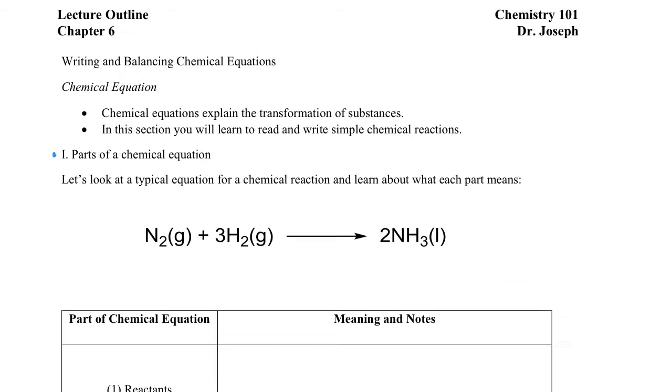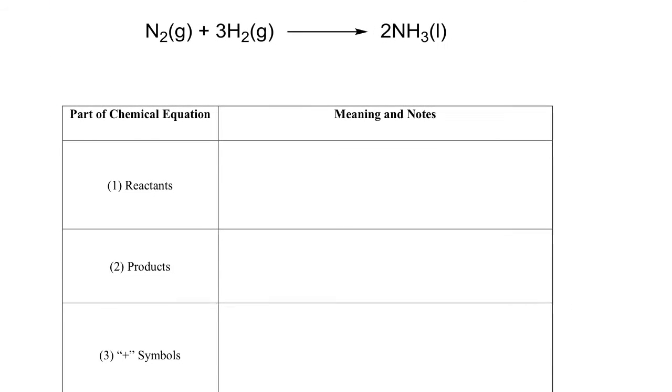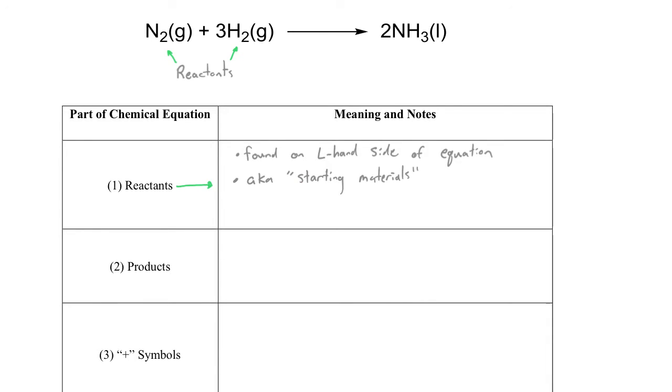So first, let's look at the different parts of chemical equations. So I have an example written here. The first thing we'll talk about is what is on the left-hand side. We call the left-hand side of things written on a chemical equation the reactants. That's where we put our things that are reacting with each other and the environment that they're in.